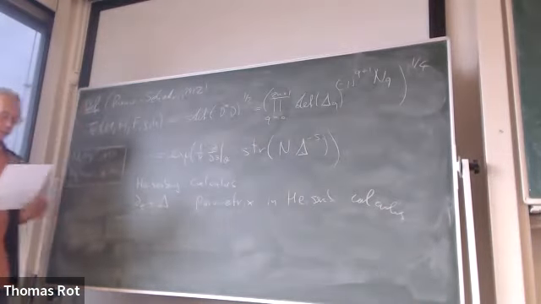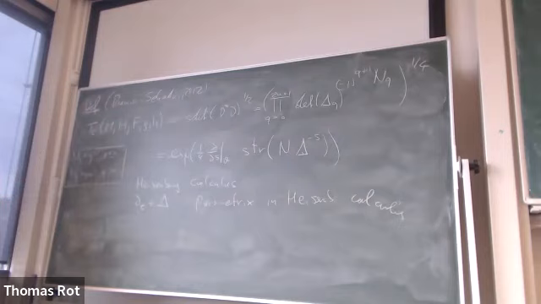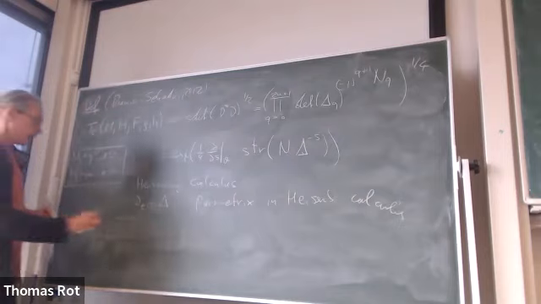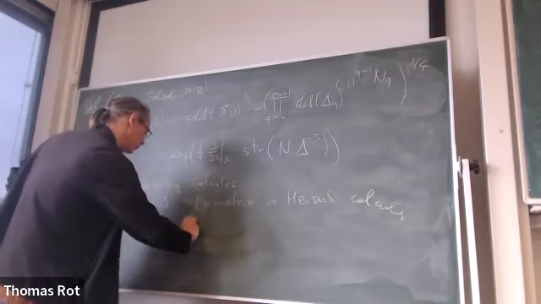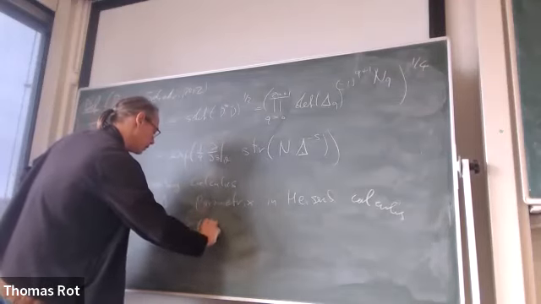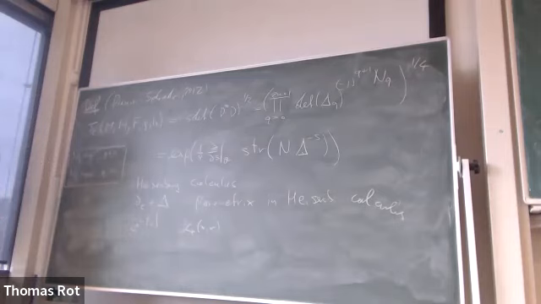And from this, you get all what we had before. You get this heat operator as a smooth kernel, and the asymptotic expansion along the diagonal.